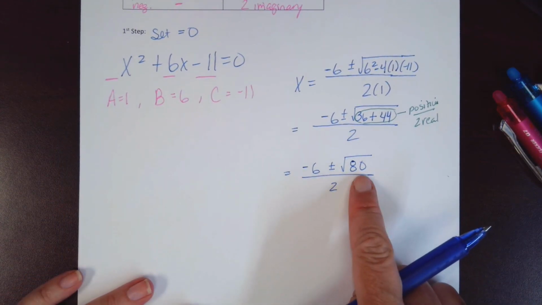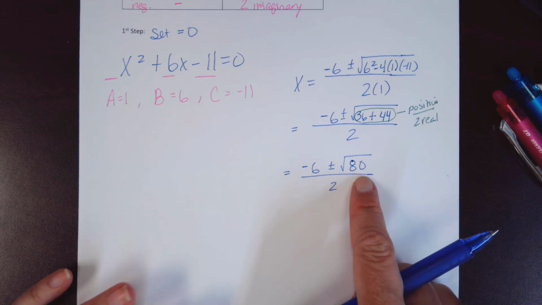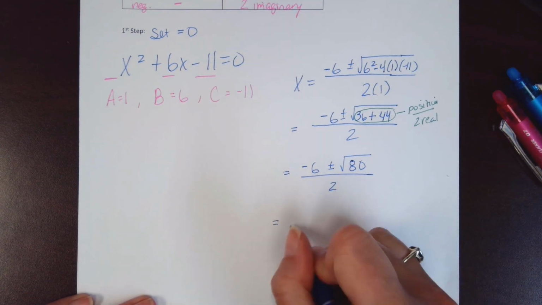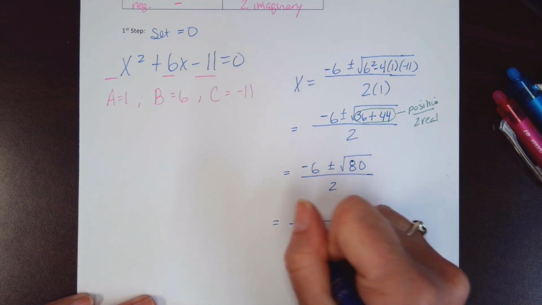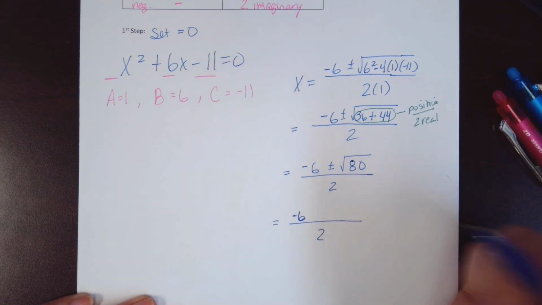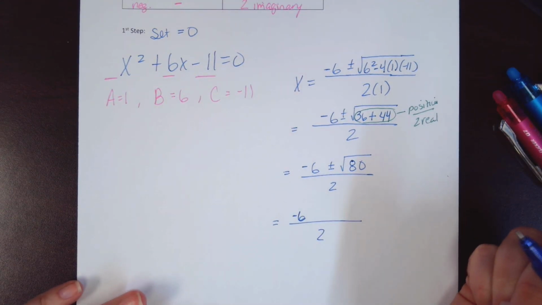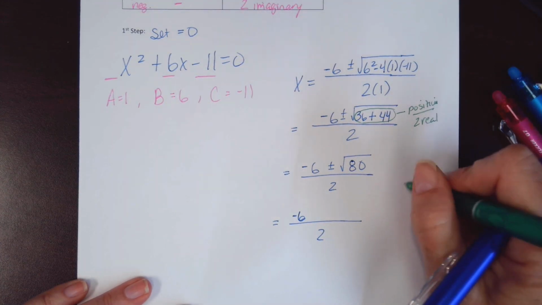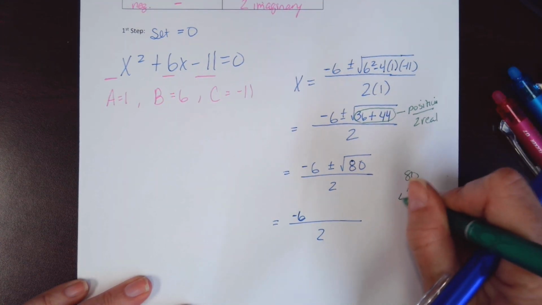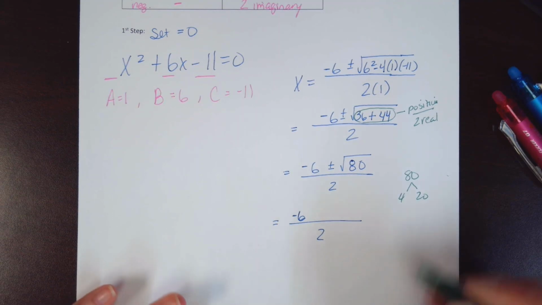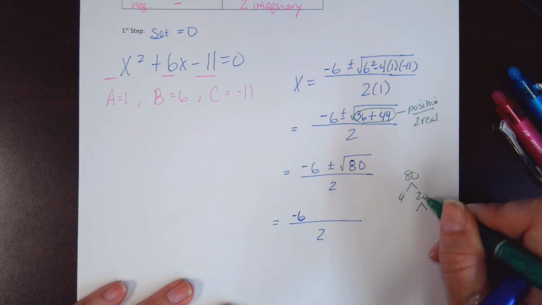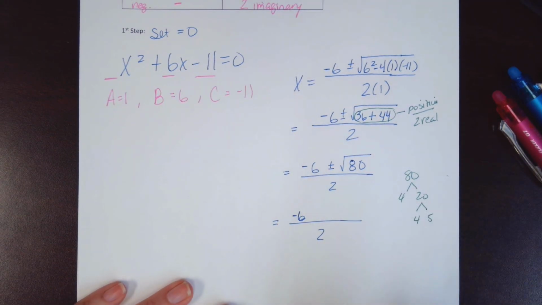All right, so let's simplify our 80 as much as we can. Remember, we're looking for perfect square factors. I know that 80 is divisible by 4, right? So a little bit of side work. 80 would be 4 times 20. And we just did 20 as 4 times 5.